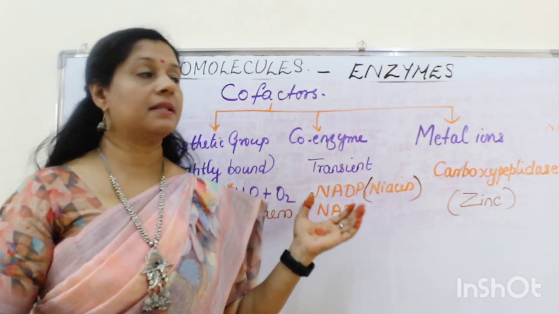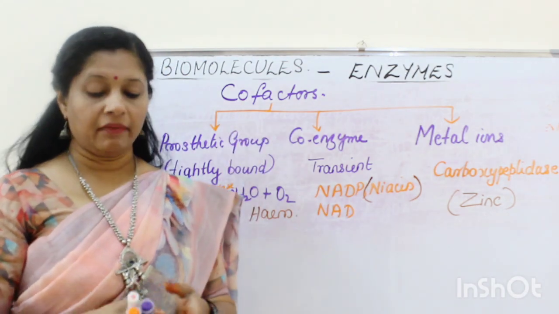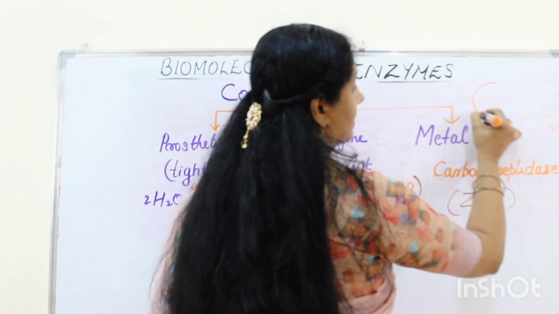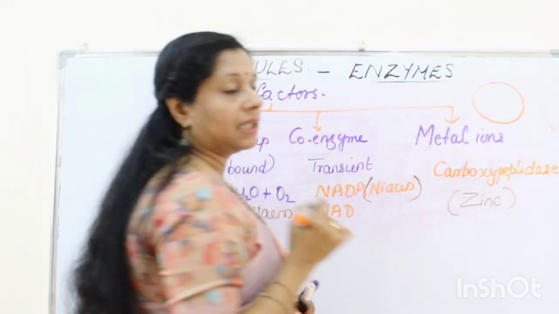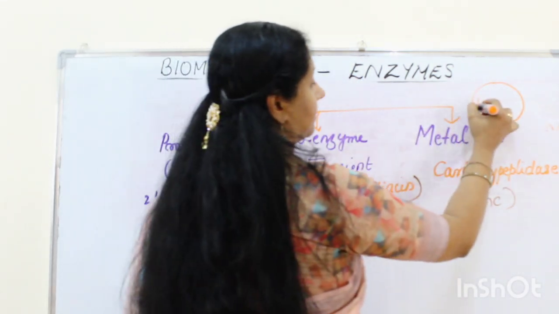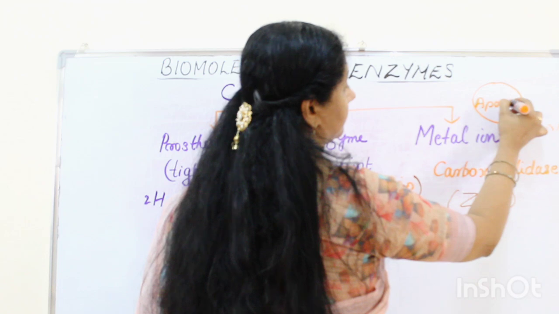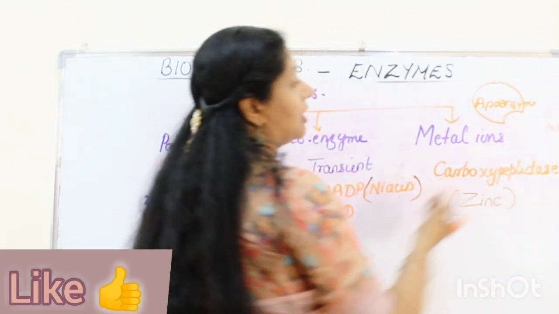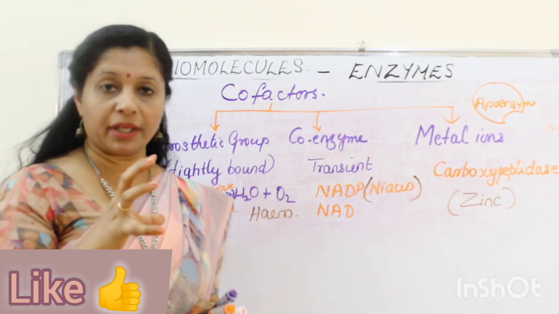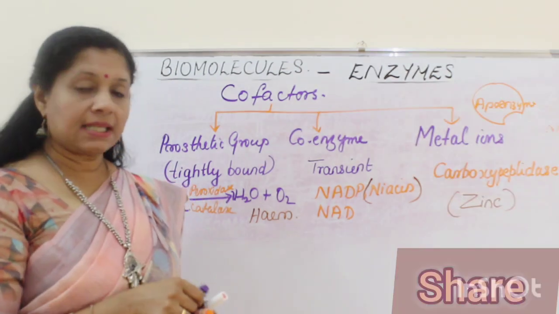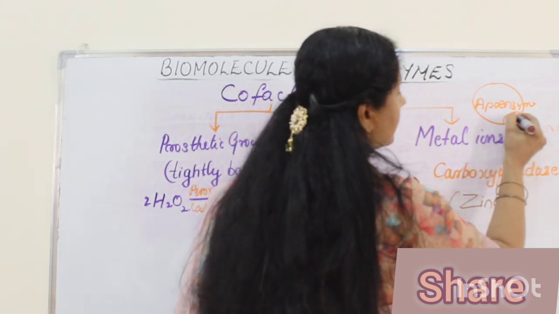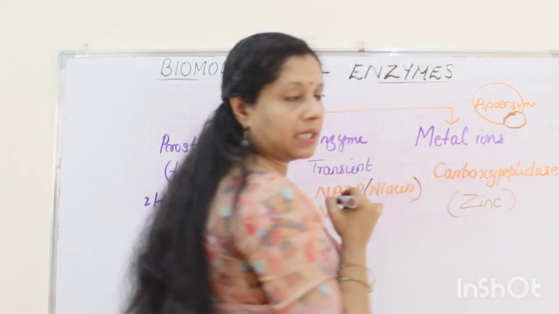The last part discusses cofactors. We learned that all enzymes are proteins. So suppose this is the protein part of the enzyme, that is called an apoenzyme. Okay, so this is the apoenzyme or the protein part of the enzyme. But this enzyme is not active until and unless there is a non-protein part associated with this.